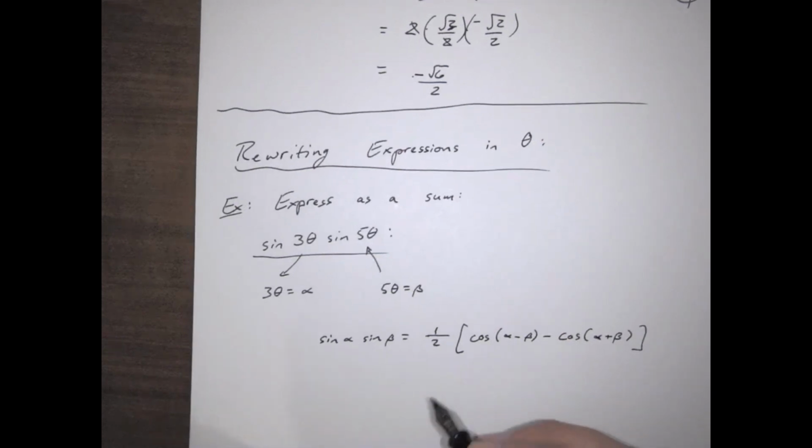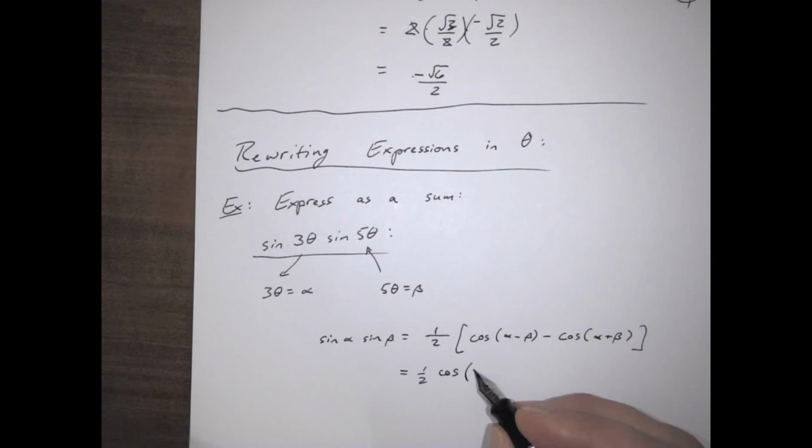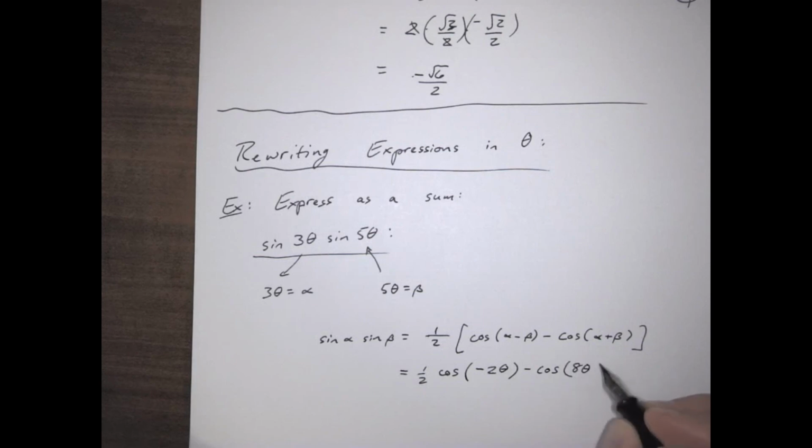So we just think about what this is going to be. This is going to be just equal to 1/2, and it's going to be a cosine of negative, so 3 theta minus 5 theta is negative 2 theta. And when we add them, it's going to be cosine of 8 theta.